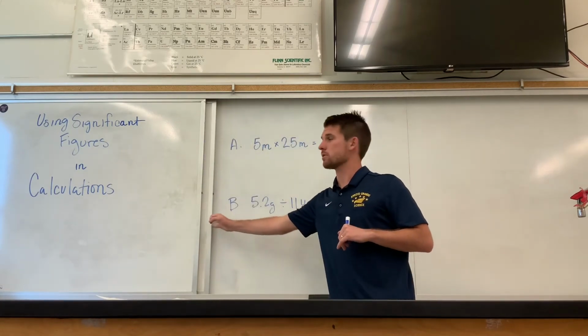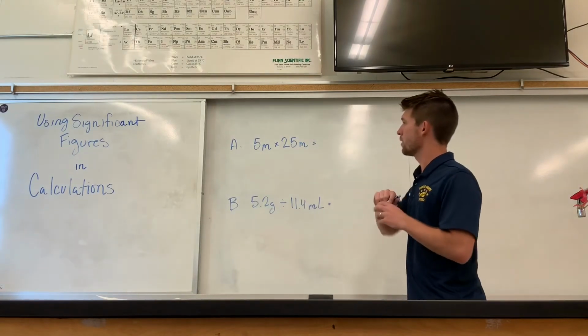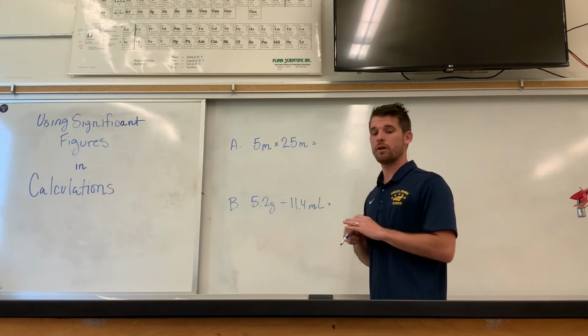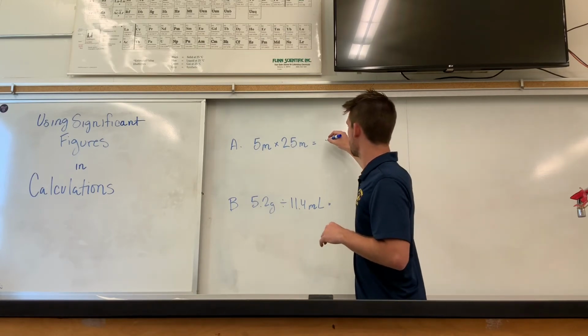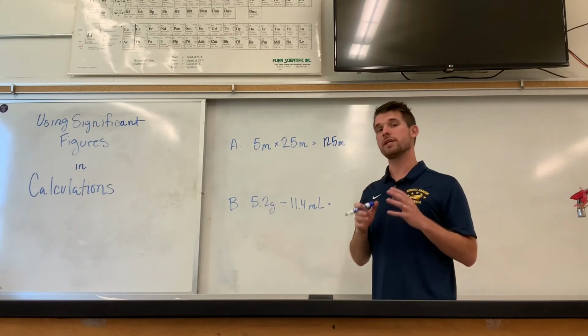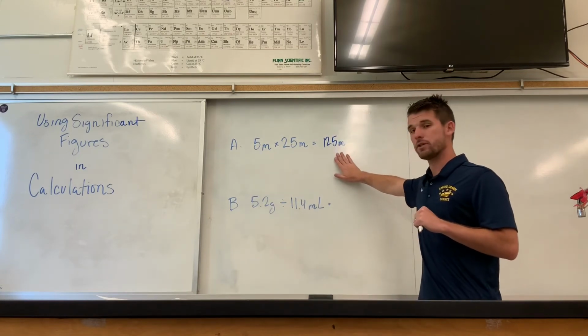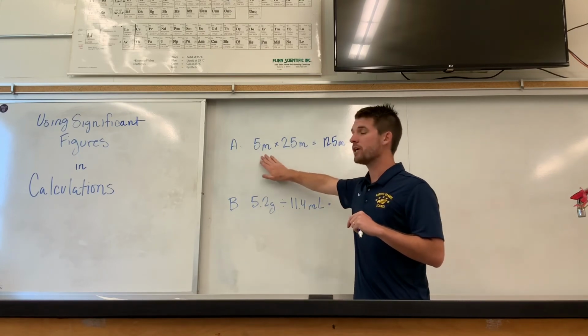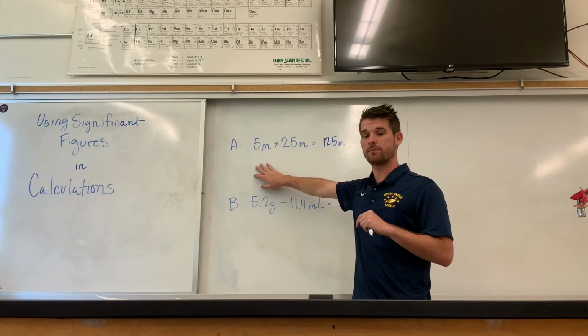So our two examples are right here. The first one, we're going to take two distances and multiply them together. We're going to initially get 125 meters as our answer. But the rule says we need to round our answer to have the same number of significant figures as the measurement that has the least number of sig figs.